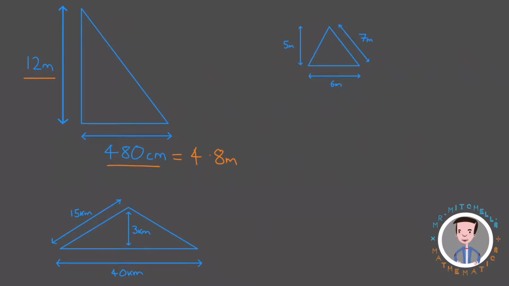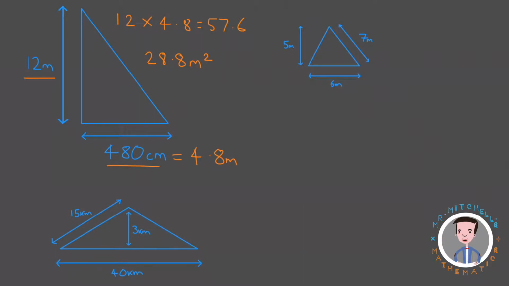And so what we do is 12 times 4.8, which equals 57.6. And then we divide that by 2, which equals 28.8 meters squared. So I hope that wasn't too challenging right off the back.